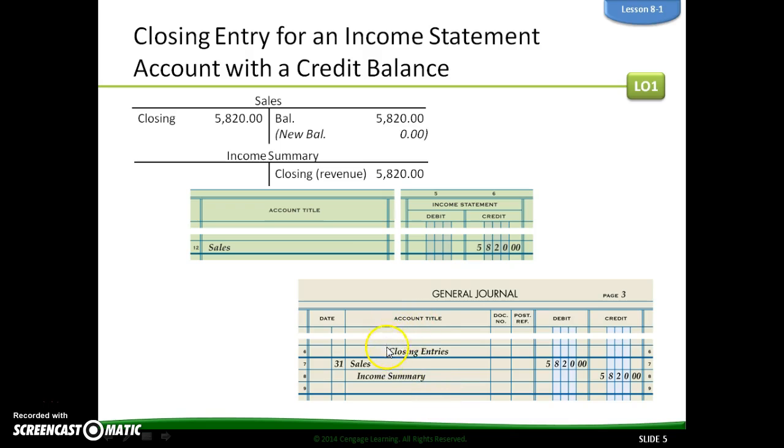Then in our general journal, when we have a closing entry, we are going to debit sales, and now we have our income summary account that has a credit balance. So now let's look at what we do when we're writing a closing entry for an income statement account that has a debit balance.